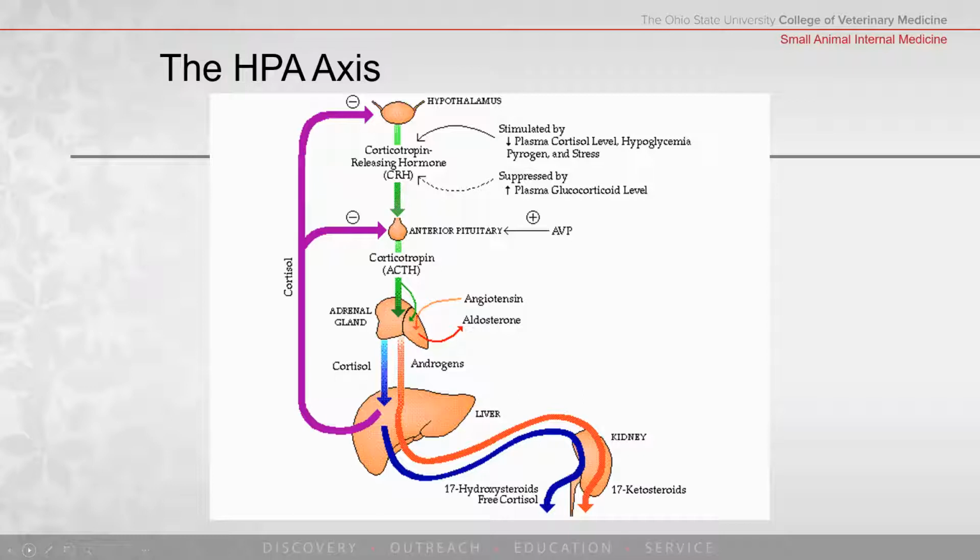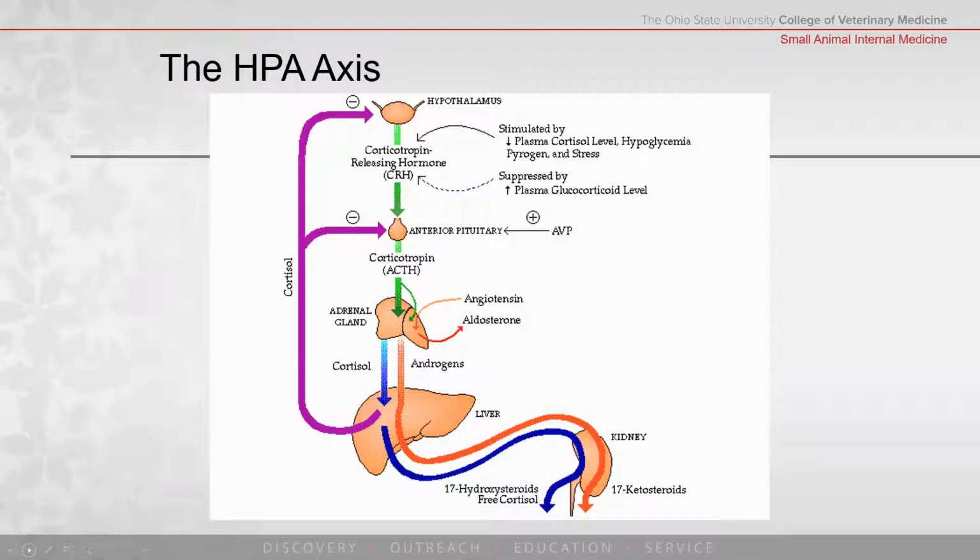That CRH tells the anterior pituitary to produce corticotrophin, which we know as ACTH. So that's endogenous ACTH that is produced. And the endogenous ACTH then tells the adrenal gland to produce cortisol, and aldosterone, some other things, but primarily cortisol. And then the cortisol is released and does all its wonderful things to keep us balanced.